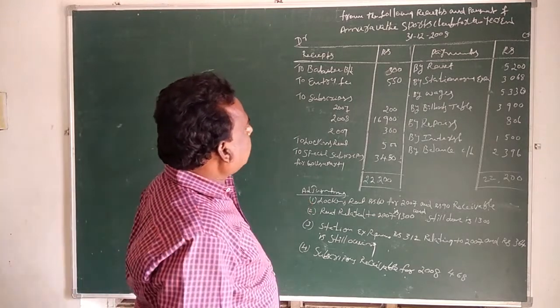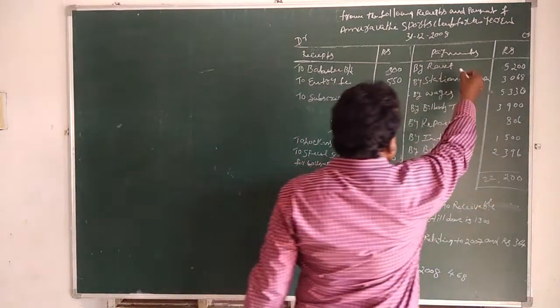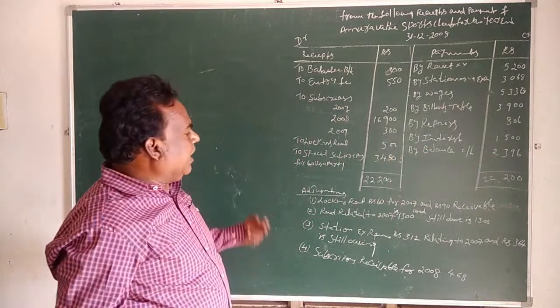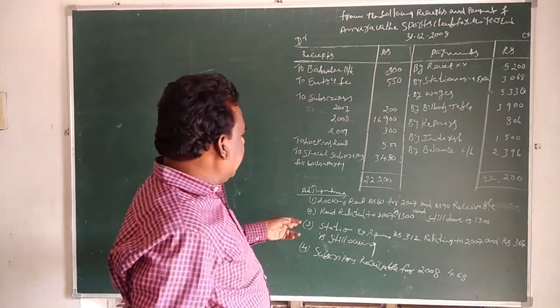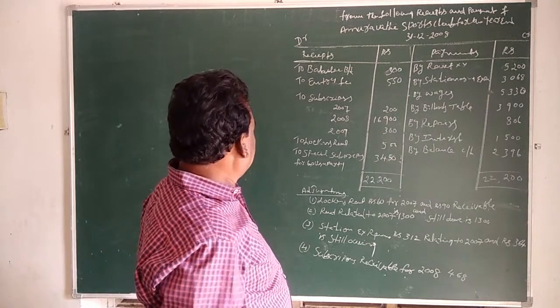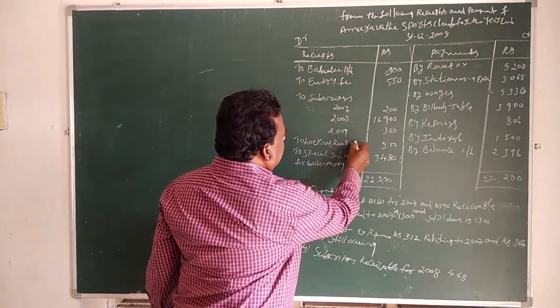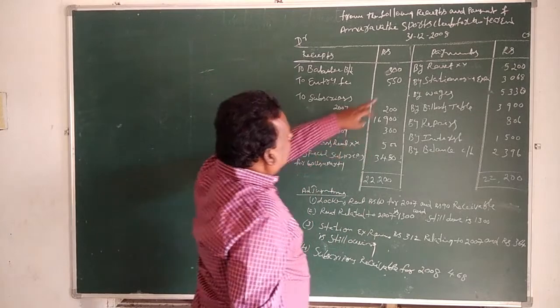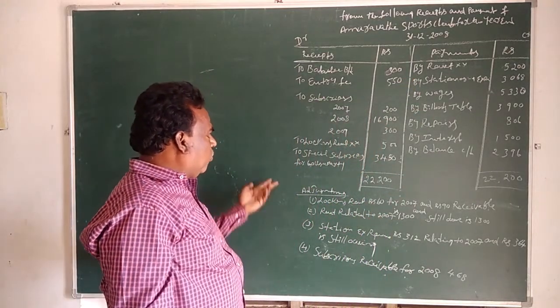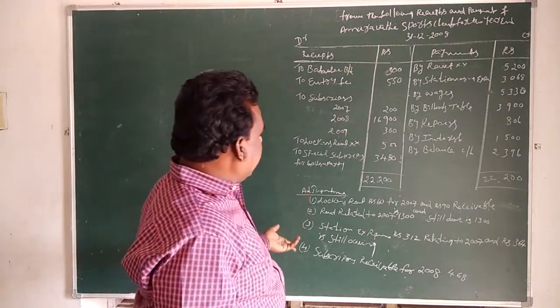Some adjustments are there. Lockers rent: there are two adjustments, related to 2007 and 2008. Similarly, rent: adjustment related to 2007 and 2008.